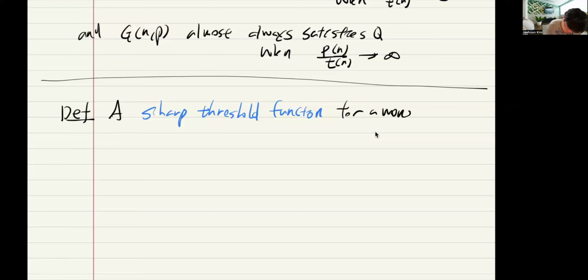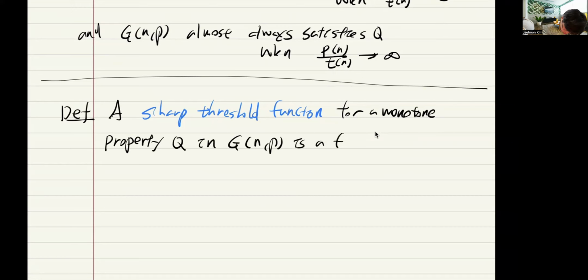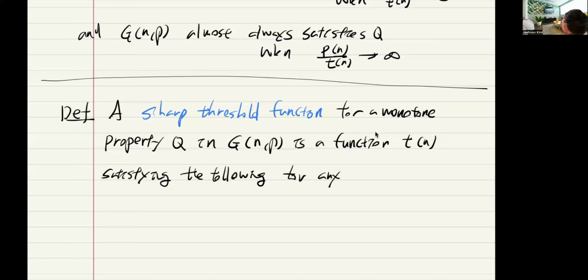And we say that a sharp threshold function for a monotone property Q in G(n,p) is a function T(n) satisfying again the following, for any positive epsilon.